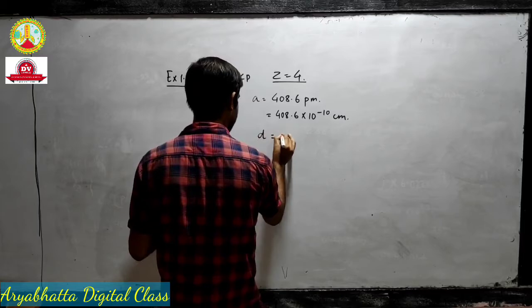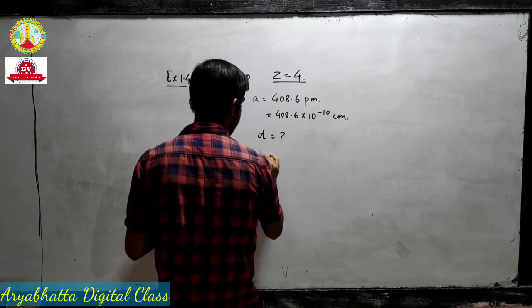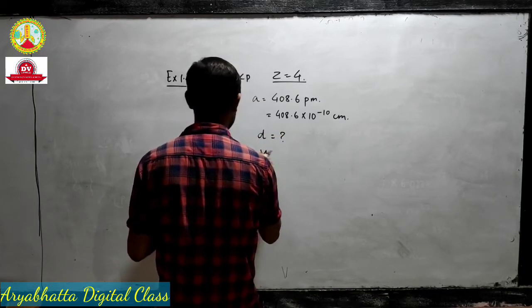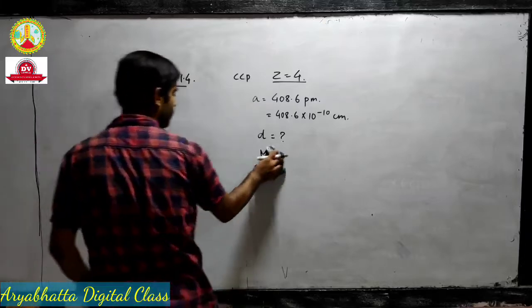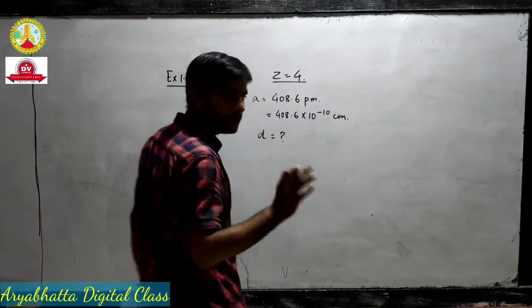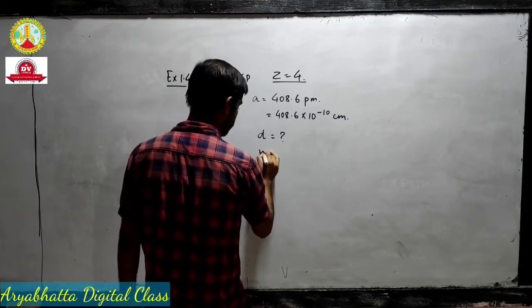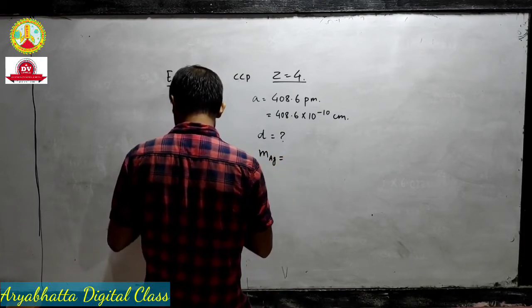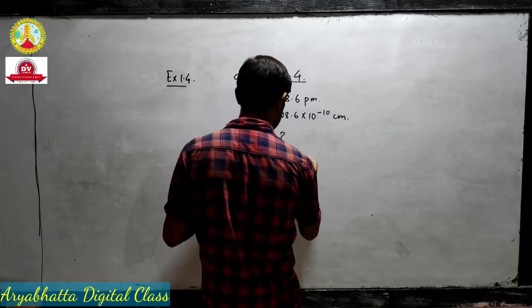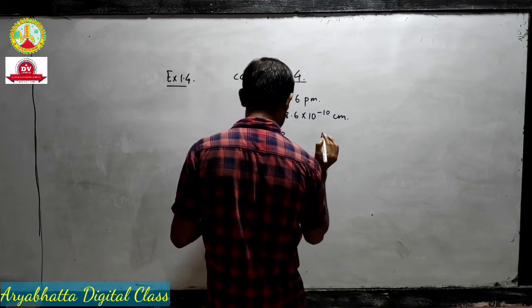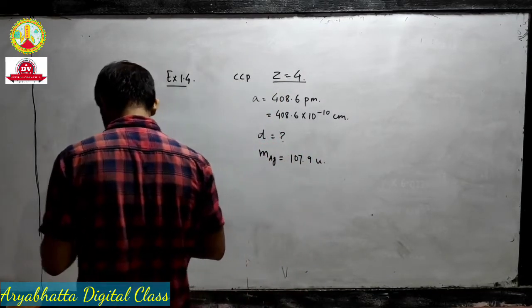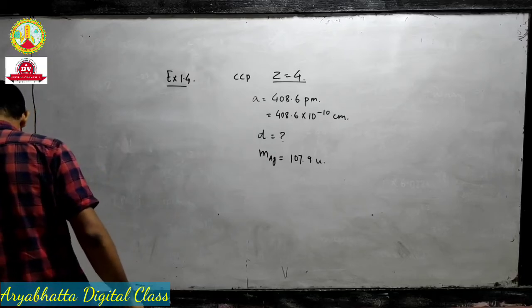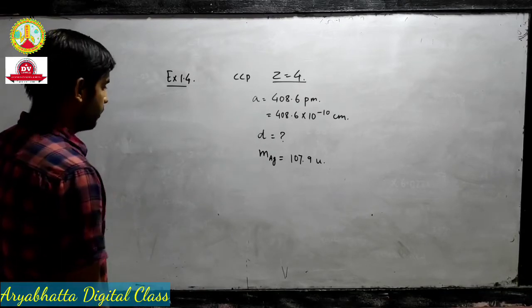Density of silver is to be determined, and the atomic mass of silver, sorry, capital M is molar mass always. So the atomic mass of silver is given to be 107.9 U. Very simple.